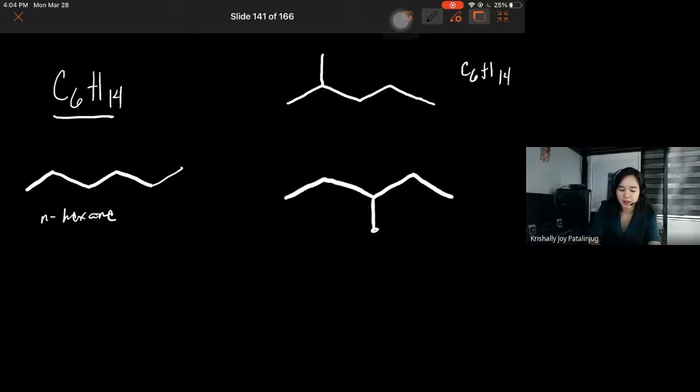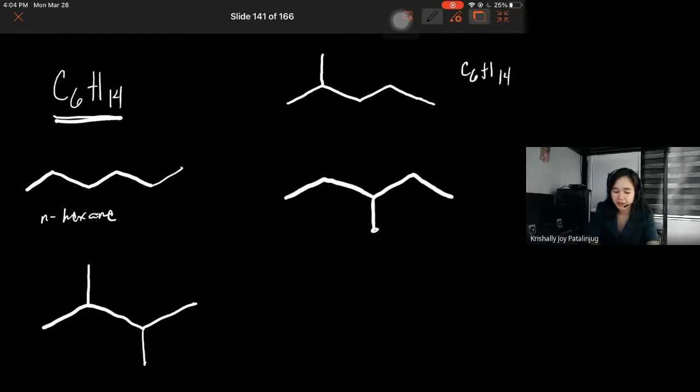Okay? Now another isomer na pwede nating ma-obtain, okay, with this formula is let's have a 4-carbon containing na parent chain. So 1, 2, 3, 4. So kulang ng dalawa. Kasi C6, 6 dapat yung carbon. So yung dalawang carbon magiging methyl groups, branches na sila. Okay, so you can have one branch here, another branch. So C6H14 din yan.